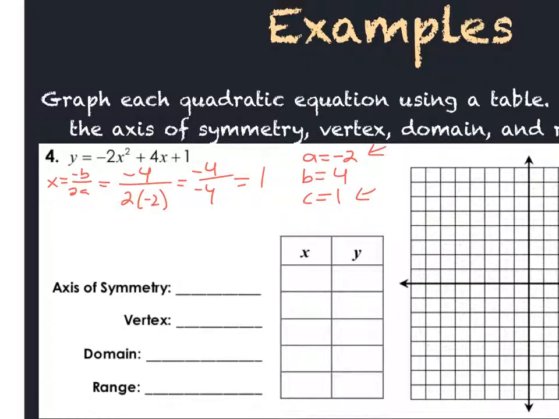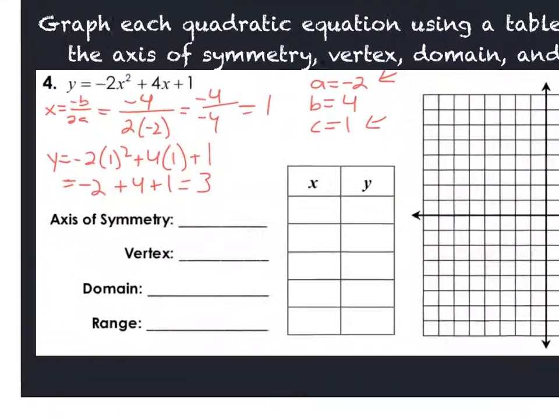Now to find our vertex, we take that positive 1 and we plug it in to our original quadratic. So it's going to be y equals negative 2 times 1 squared plus 4 times 1 plus 1. Okay, 1 squared is 1, and negative 2 times 1 is negative 2. And then 4 times 1 is 4, and then that's plus 1. So that would give us our answer, which is 3.